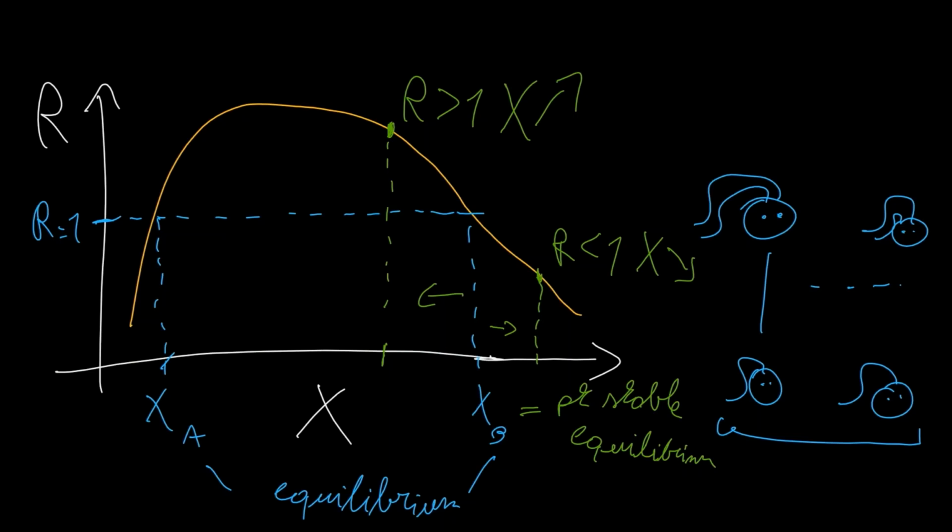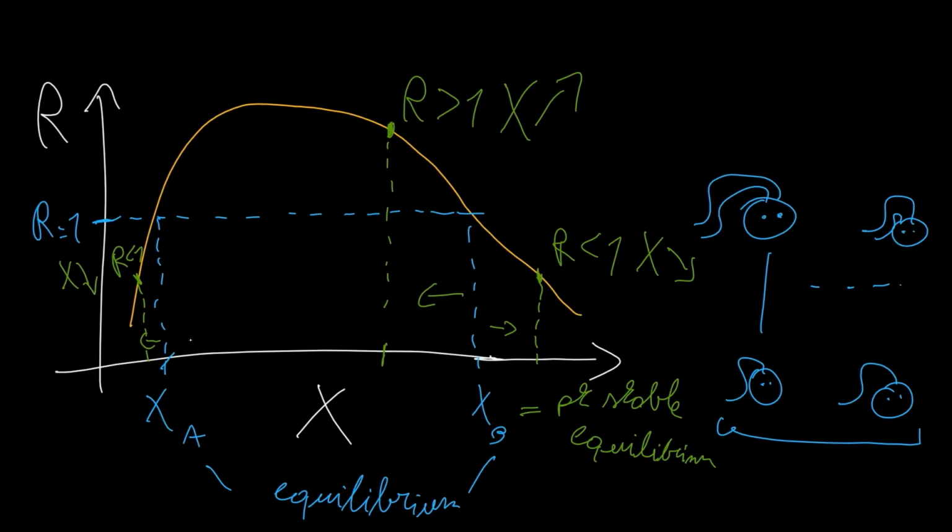Now, unlike XB, XA has a different behavior. If the population drops below XA, r becomes less than 1. So take this point, for example, you can see that r is less than 1. And this means that the population will decrease when we drop below XA.